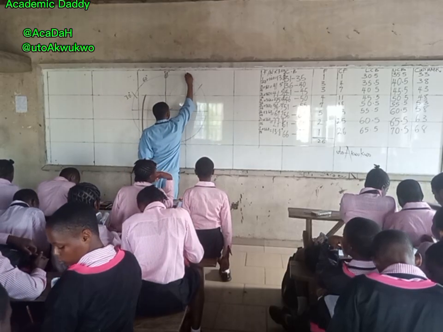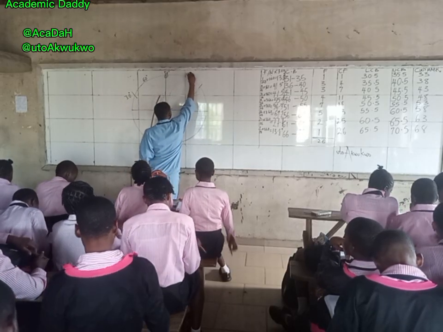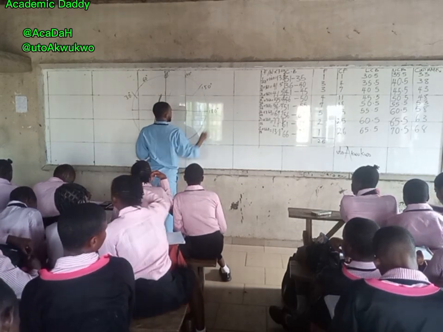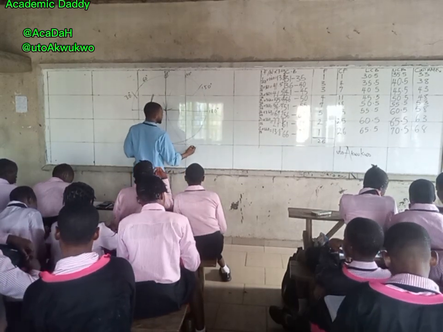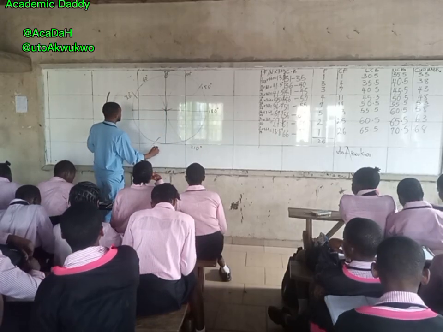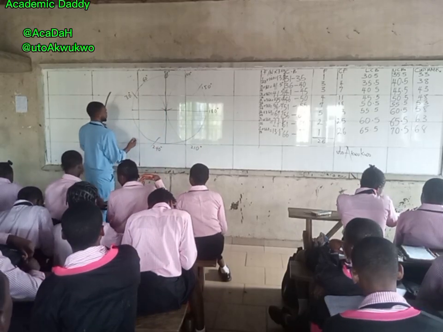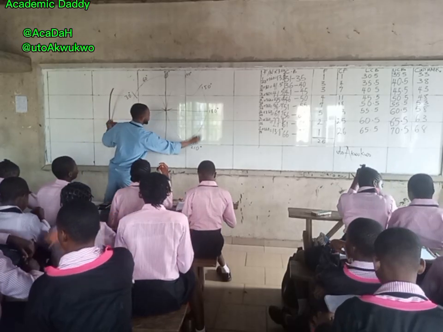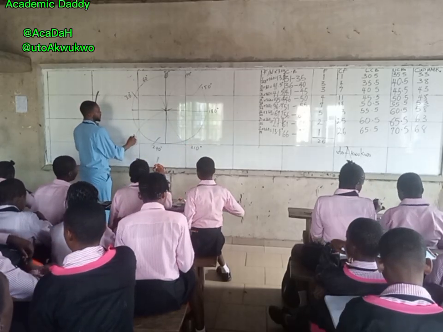If I add 90 to 30, if I add 30 to 180, if I add 30 to 210, okay, I did not do this one. So you have 240. 30 plus 30 what?